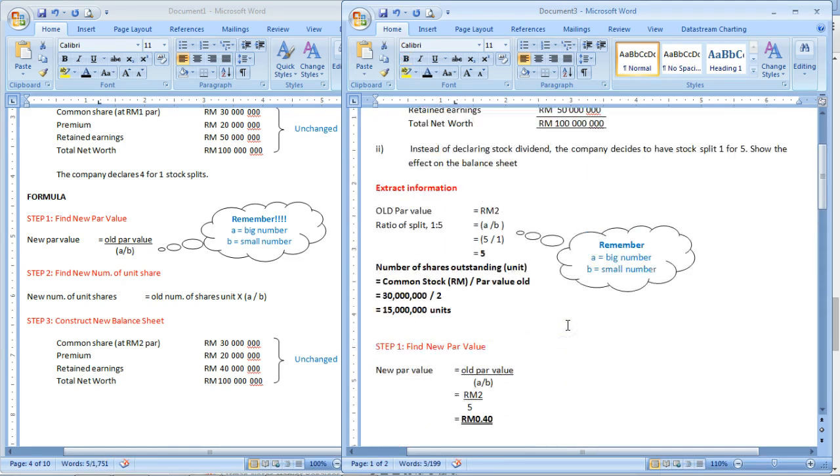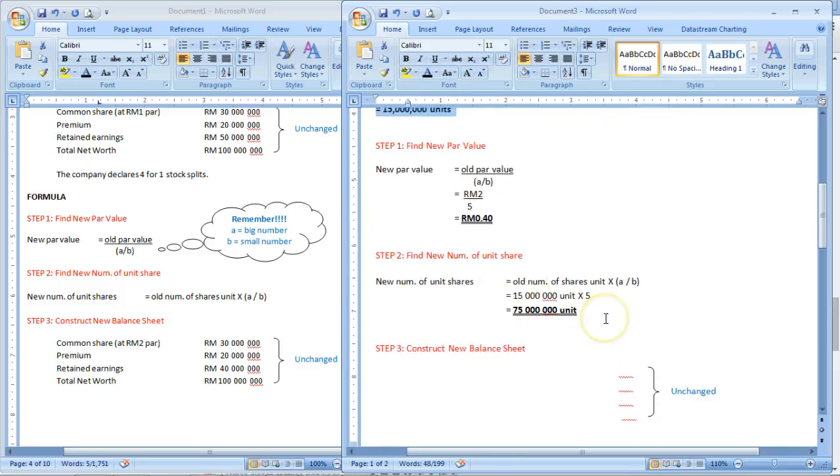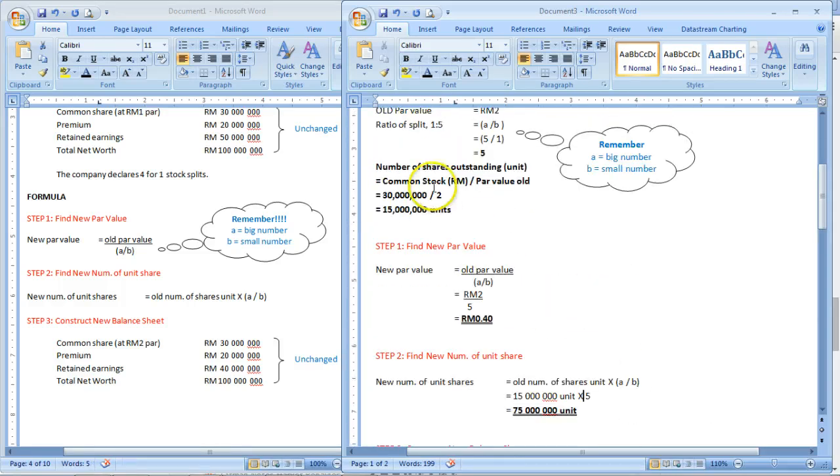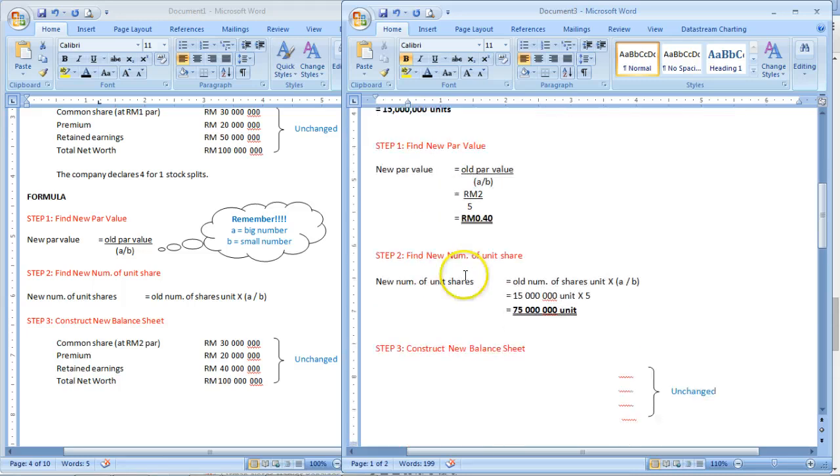So my suggestion, better you extract all the information first, then calculate. It's quite disturbing if you have to stop for a while to calculate. Better you extract first, then start step 1, step 2, and step 3. Times A and B, this is your 5. Your old shares are 15 million, and one share you split into 5 shares. So how many shares will you have?